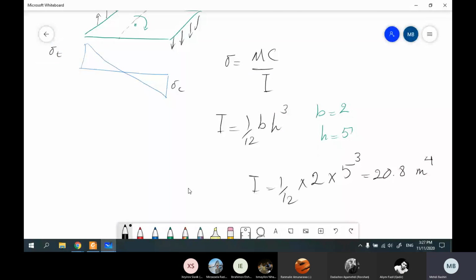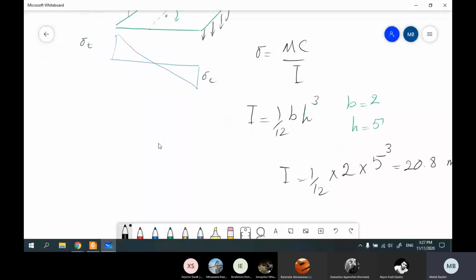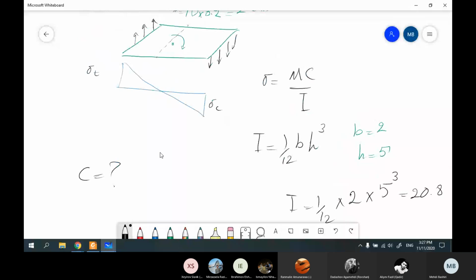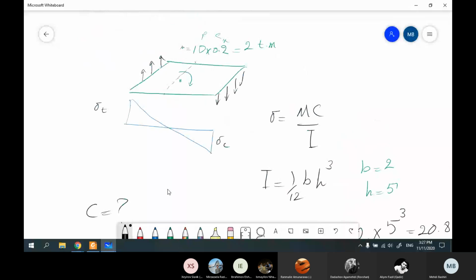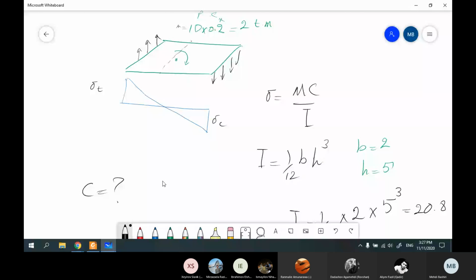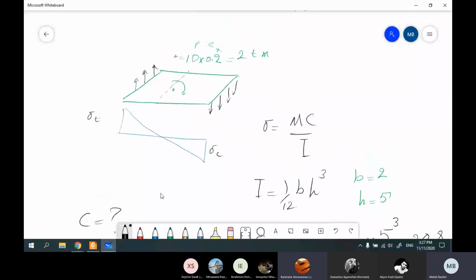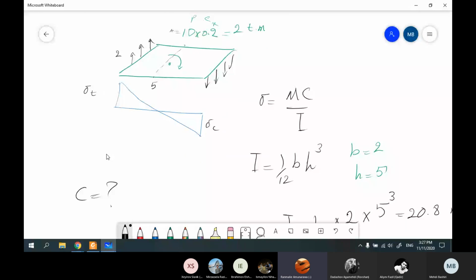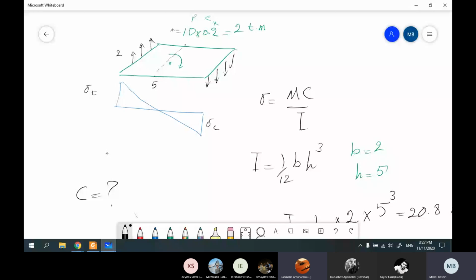Now let's find C. What is C? Normally, what's C? Forget about eccentricity. C is 2.5, the distance between the neutral axis and the edge.